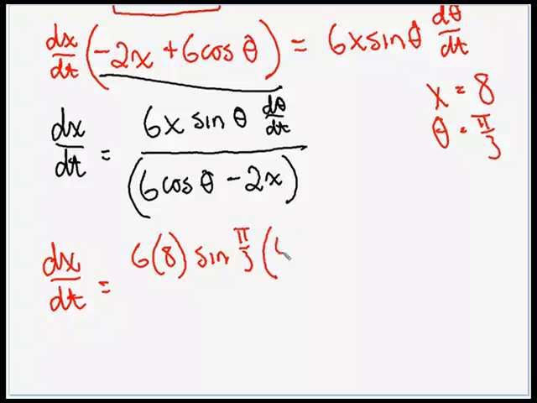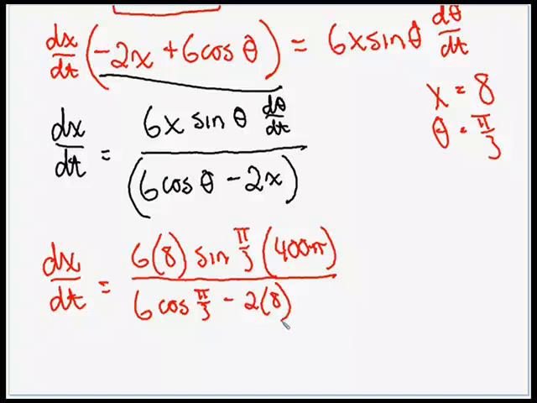That was 400 pi, our RPMs. Divided by, down here, 6 times the cos of pi over 3, minus 2x, or 2 times 8.